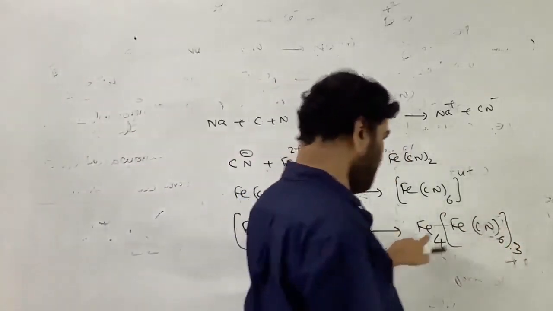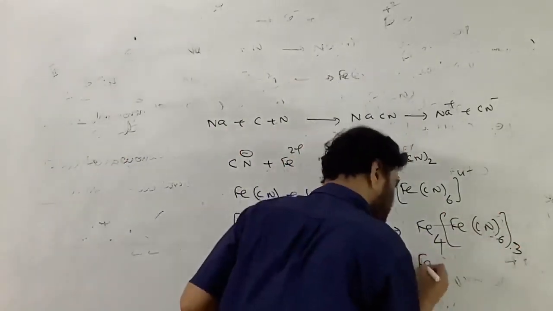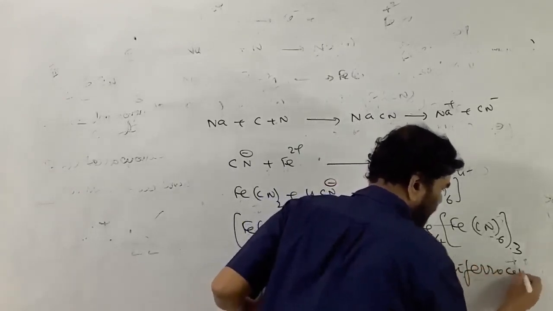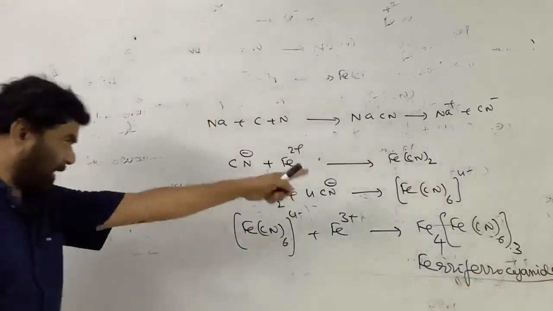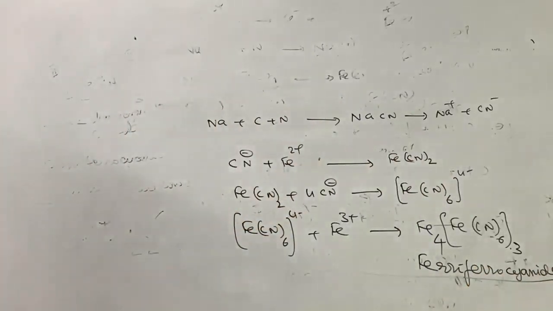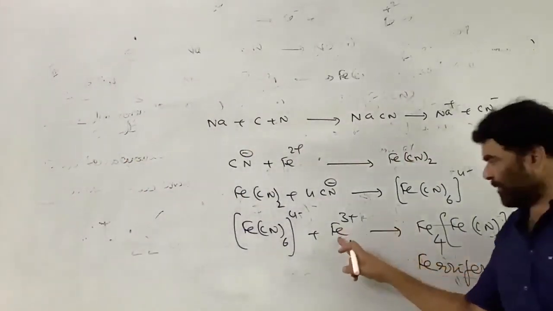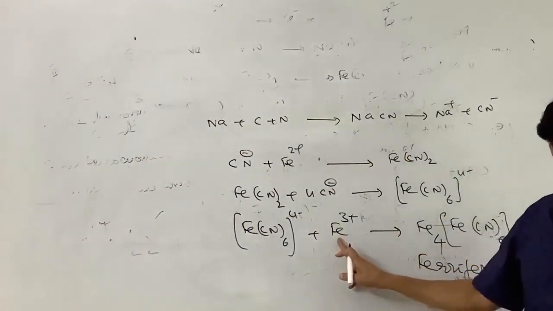Ferric ion, ferrous ion, ferrocyanide. A complex is formed. See, this is the simple way of explaining. Where does the ferric ion come from? It comes from the ferrous sulfate only.